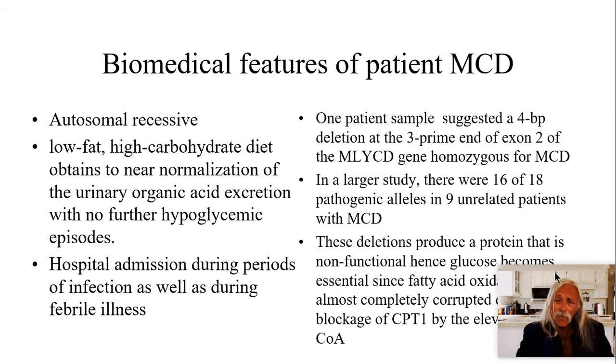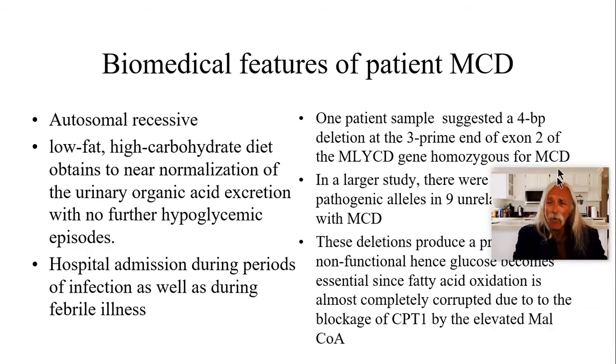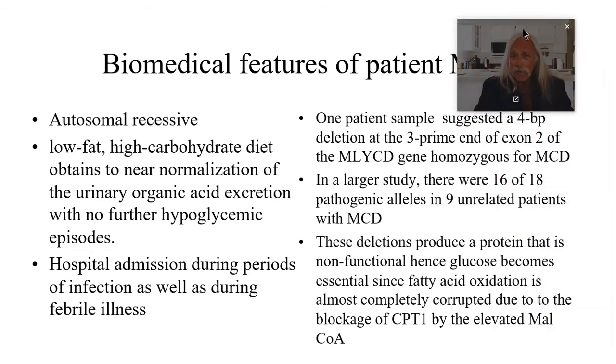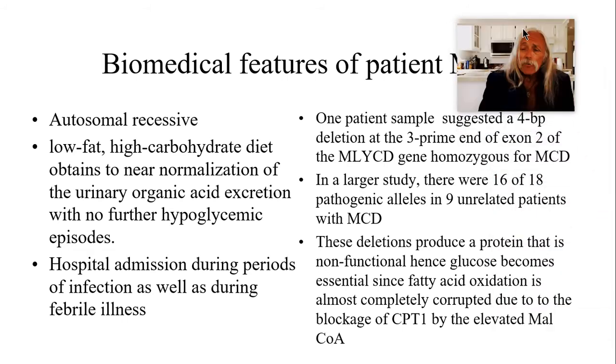Okay. Those deletions produce a protein. I'm just explaining to you now what's been reported in the literature. They produce a protein that is non-functional. Hence, glucose becomes essential since fatty acid oxidation is almost completely blocked due to the blockage of CPT1 by the elevated malonyl levels. So that's where all of that comes from.